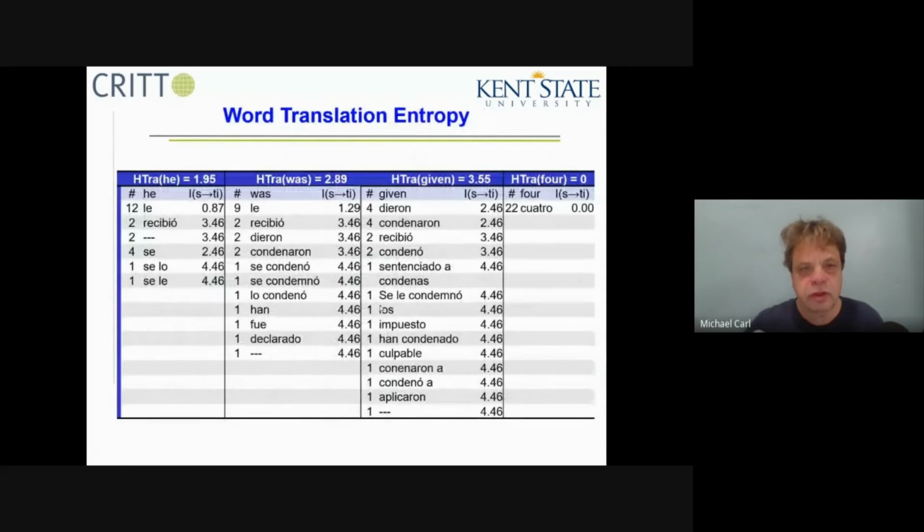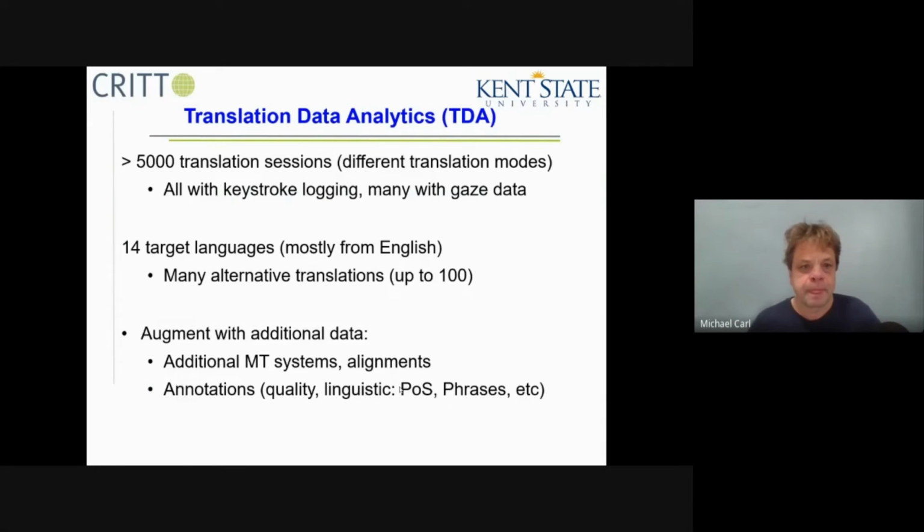So it turns out that these are quite interesting measures to measure the variation in the translation process, and then we can look into the correlations between these different measures, which I will do in a moment from our database.